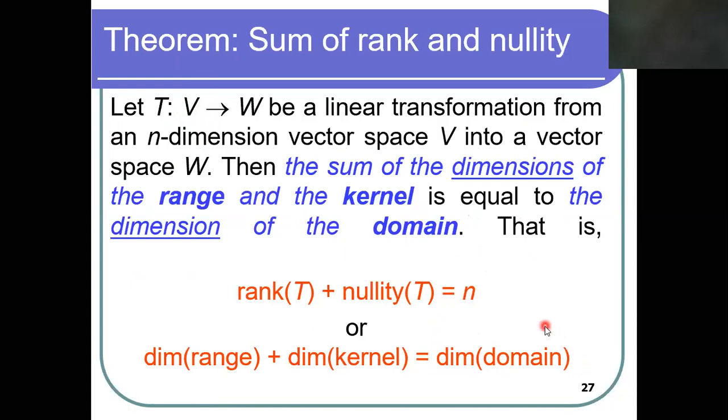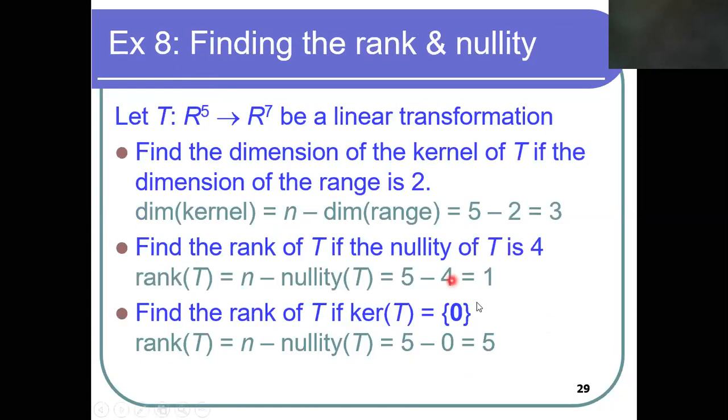In this example, the dimension of the range is 2. So n minus the dimension of the range. This is a transformation from Rn to Rm, so n is 5. 5 minus 2, where the range of the transformation is 2, so the dimension of the kernel of the transformation is 3.